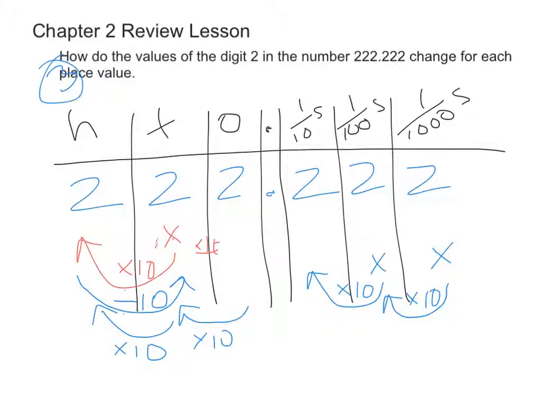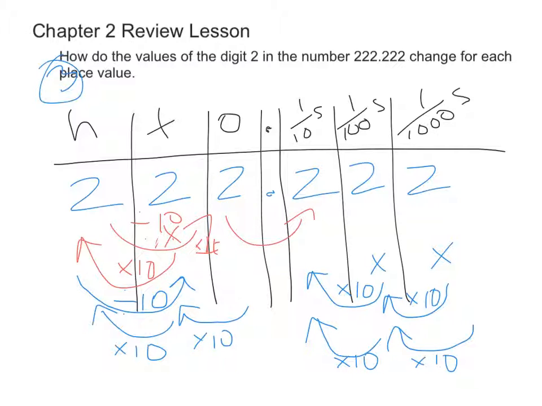Well, for every move to the left, the value increases 10 times. Or we could say for every move to the right, the value decreases 10 times. Well, that gets a little bit messy the way I did it, but hopefully that gives you some ideas.